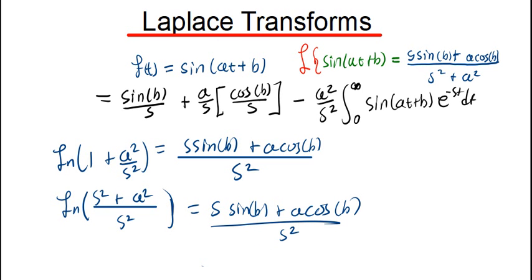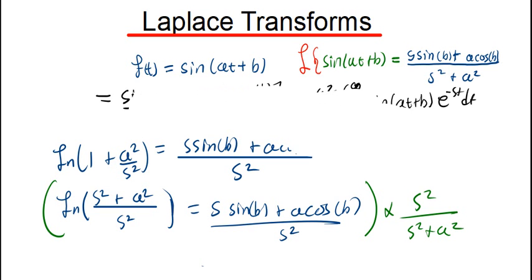But let me just write it this way. Let me multiply everything by s squared over s squared plus a squared, so that I just remain with In on this side, which I believe is something that you are very familiar with by now.